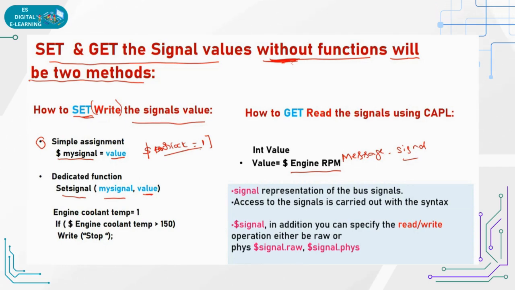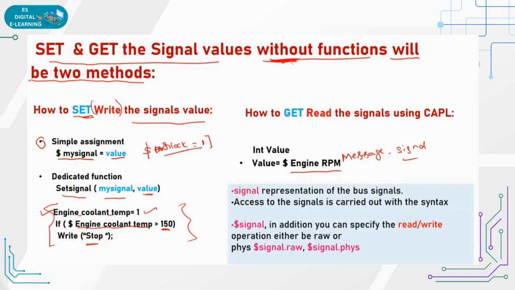The other example is the signal engine_coolant_temp, which will read the continuous temperature value until it is greater than 150 degrees; once it reaches that, it will stop. These are small examples of how we declare $ of signal. Sorry, it is writing.